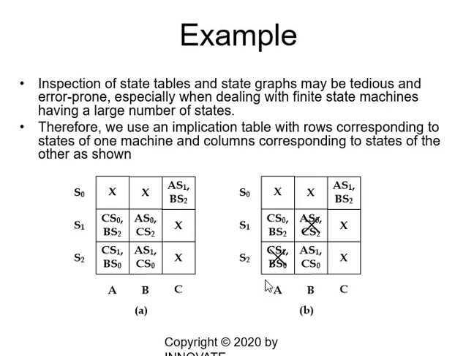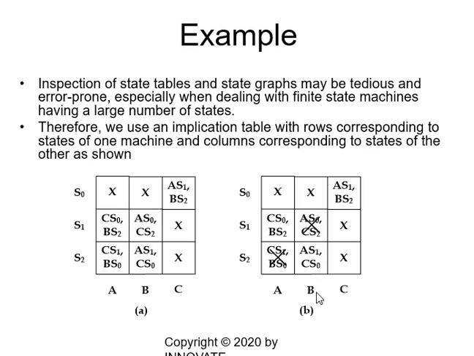For A S2, we need C S1. Well, C S1 is cancelled out, so this square A S2 will be cancelled out. The same thing with B S1, we have C S2 cancelled out, so this square will be cancelled out, so put X on it.